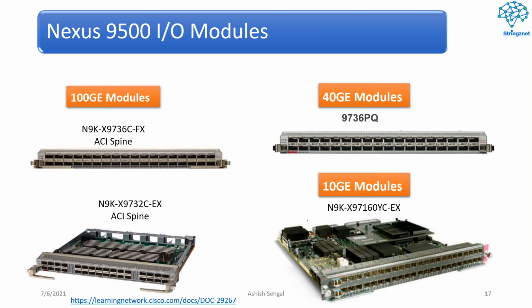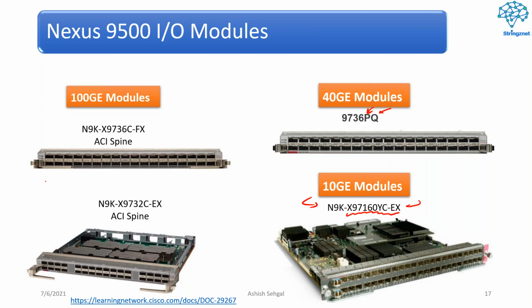If you are not able to understand what this is, we will have a detailed session tomorrow to decipher the naming conventions used in the line cards, where we will look at what P stands for, what Q stands for, what EX stands for, etc. We are just trying to understand that there are different line cards available for our 9K chassis based on our requirement, the speed, the bandwidth, and the form factor we are looking for.